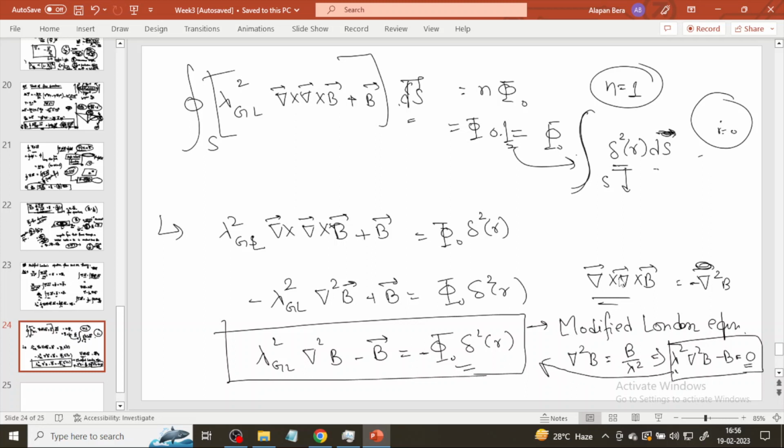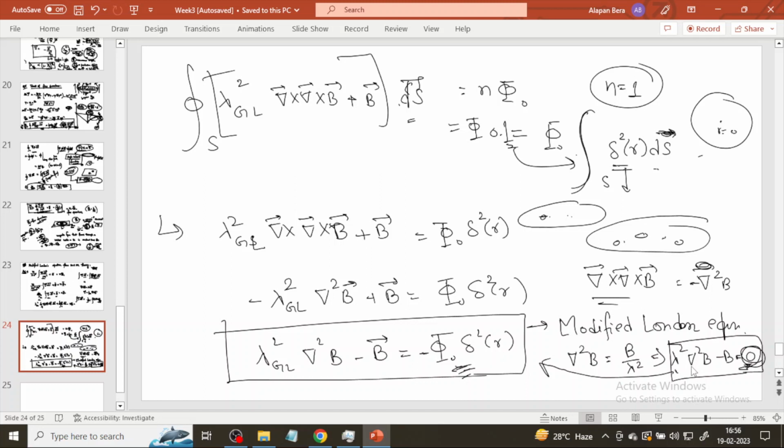Whenever there is a vortex inside a superconductor, so in a pure superconductor there is no such vortex, there cannot be any flux quanta inside the superconductor. So this is purely 0 inside a type 1 superconductor, in which there can be no presence of vortices.